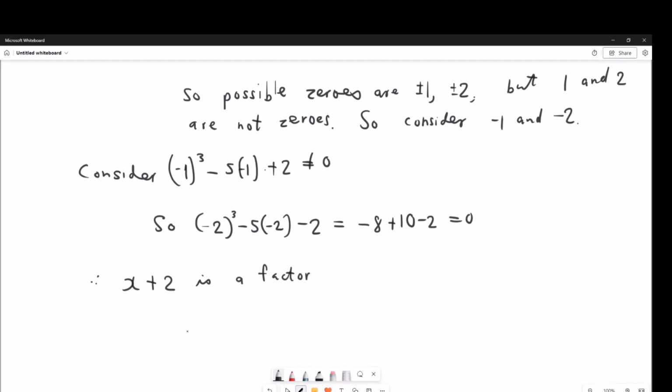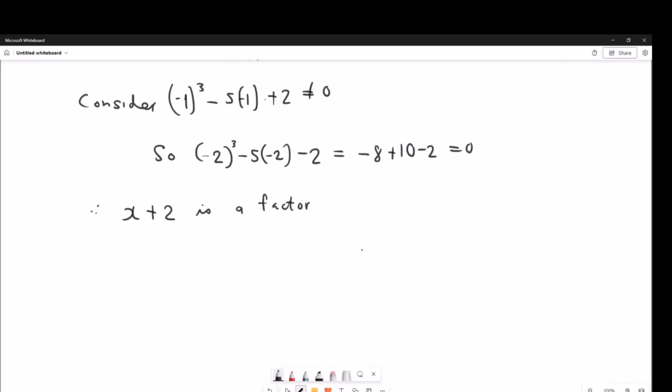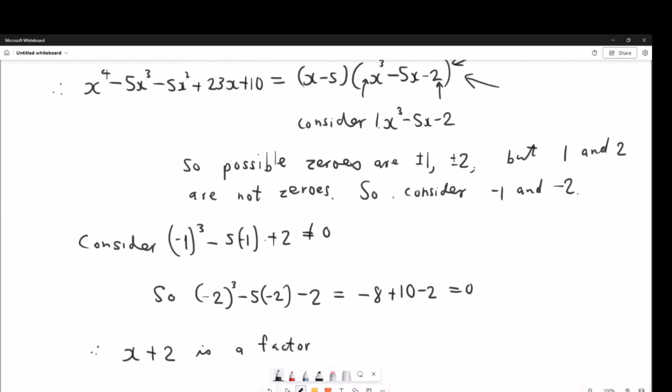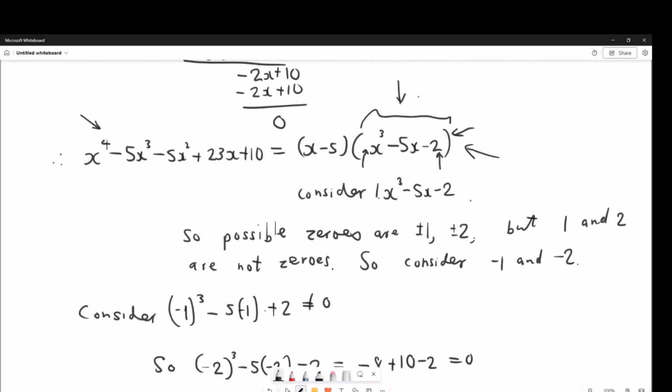And then we can divide by x plus 2. Remember, we're looking at this smaller polynomial now. We'll divide x plus 2 into that and see what we get.